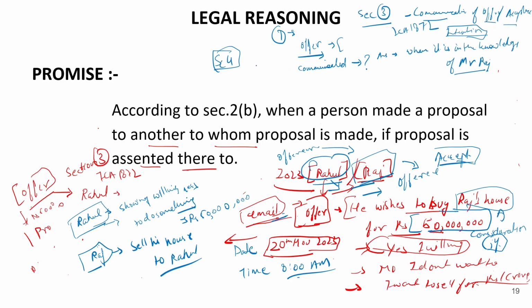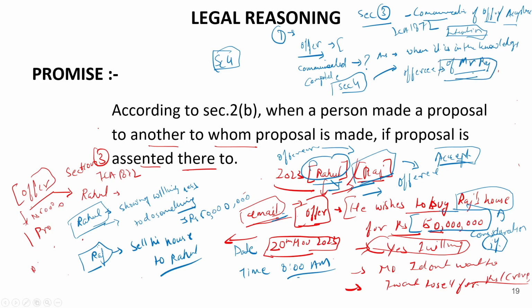The communication of the offer is complete, according to section 4, when it comes to the knowledge of the offeree, or in our example, Mr. Raj.